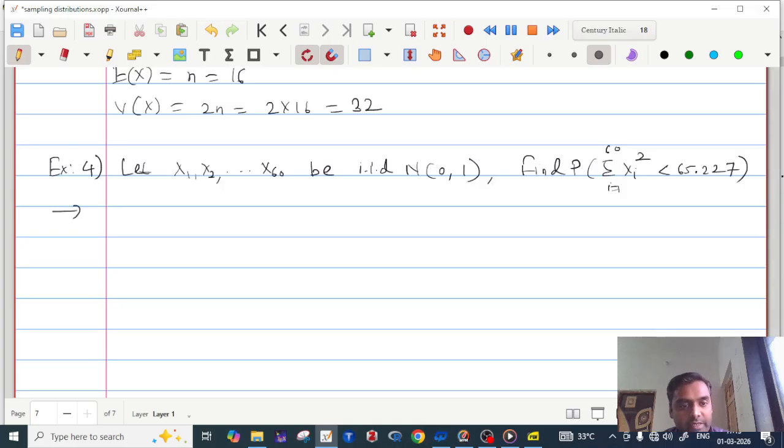How to solve this? Xi follows normal 0, 1. Let Y equal summation xi squared.